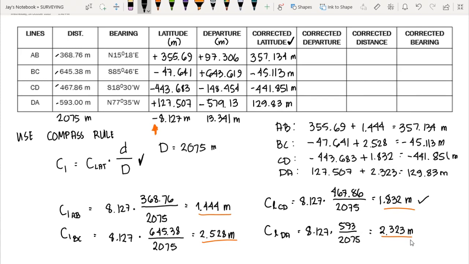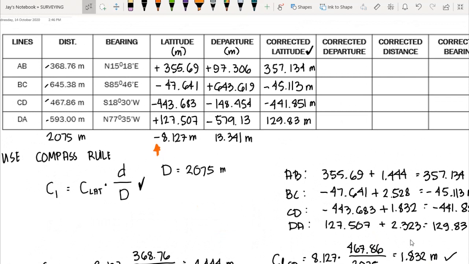Now you can check if you have the correct answer if the sum of the corrected latitudes is equal to 0. So let's check.